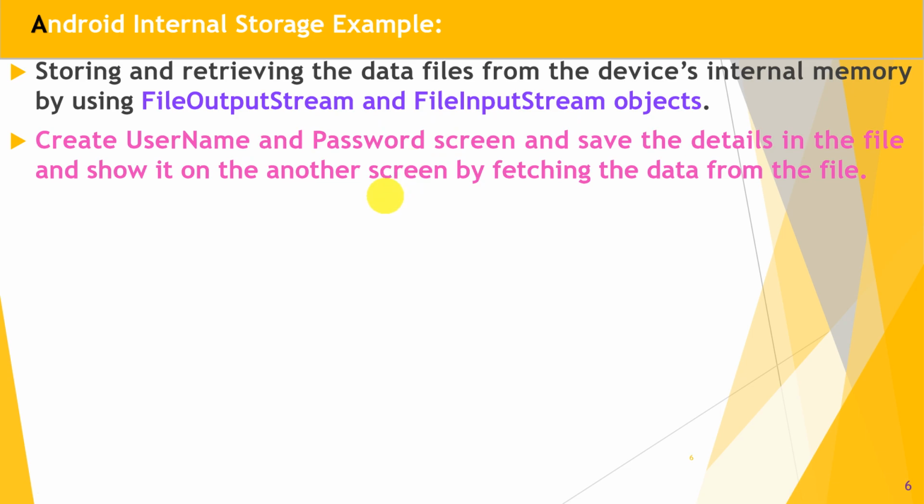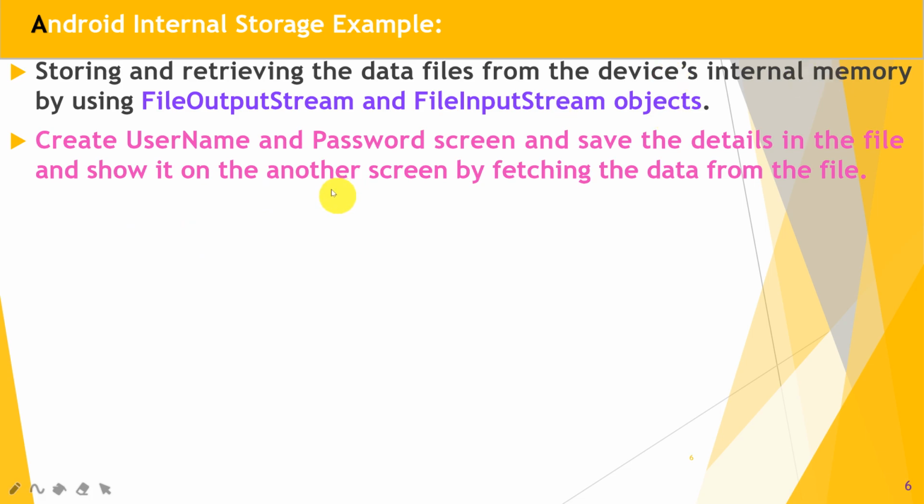Great. The example today we will learn is to create one application with username and password. You can write the username and password and click on the save button, then that username and password is saved into your file. Give the name of that file as users. So the users information, that is username and password, is saved into that users file on the device internal memory.